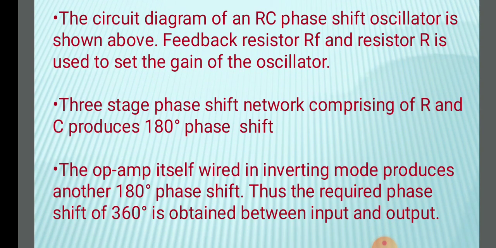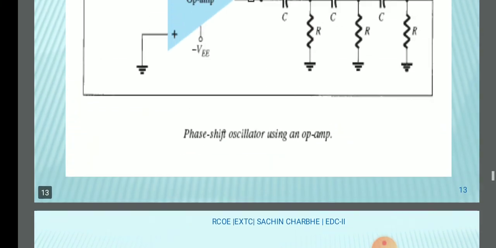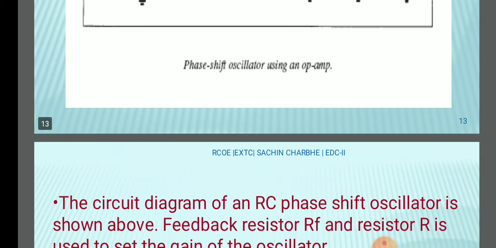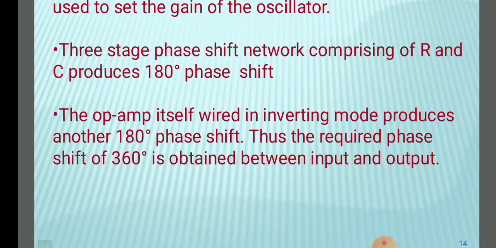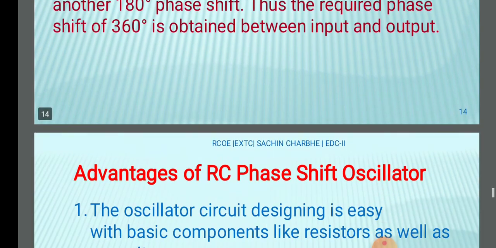The three-stage phase shift network comprising R and C produces the 180-degree phase shift. This is the RC network. The op-amp itself, wired in inverting mode, produces another 180-degree phase shift. Thus, the required phase shift of 360 degrees is obtained between input and output.